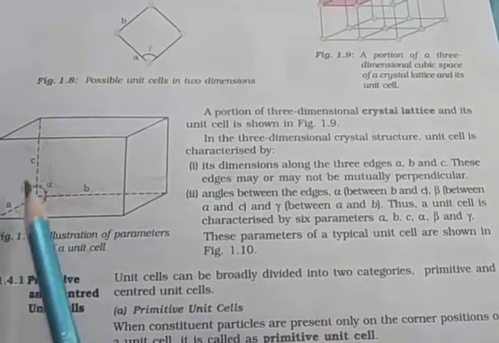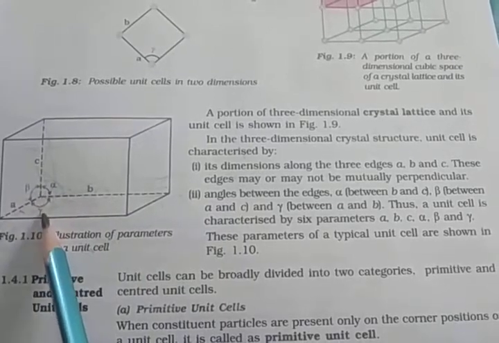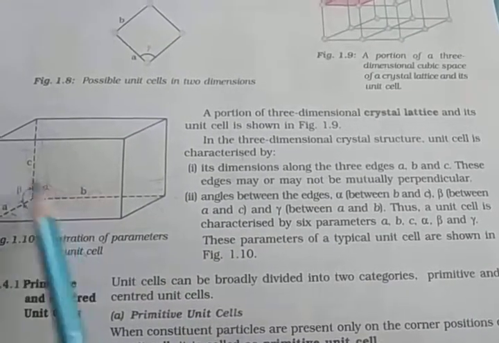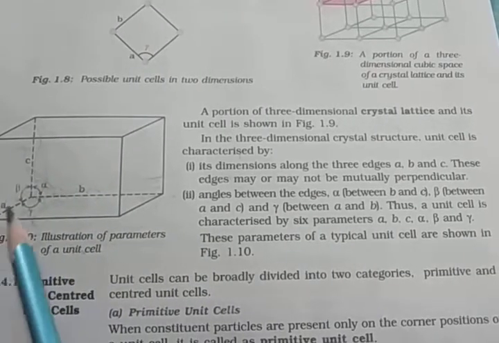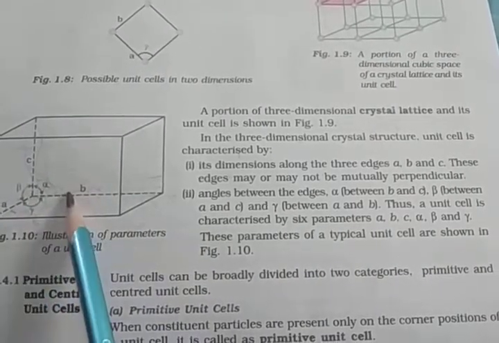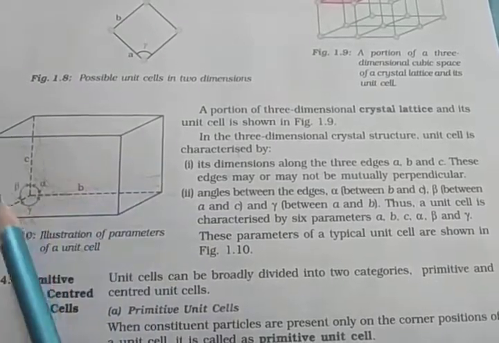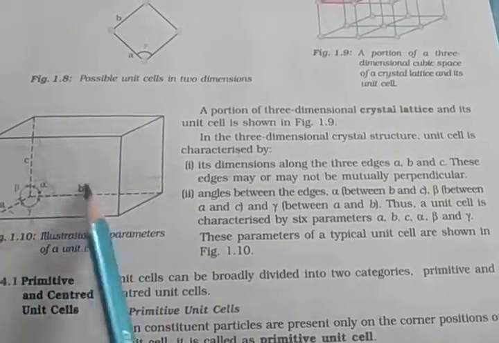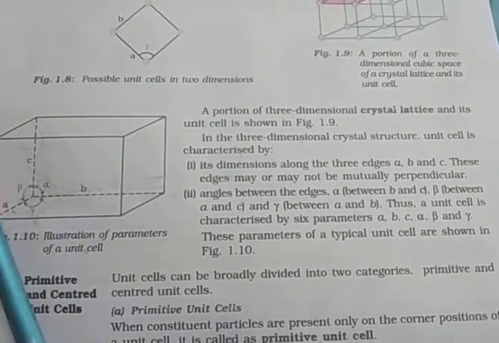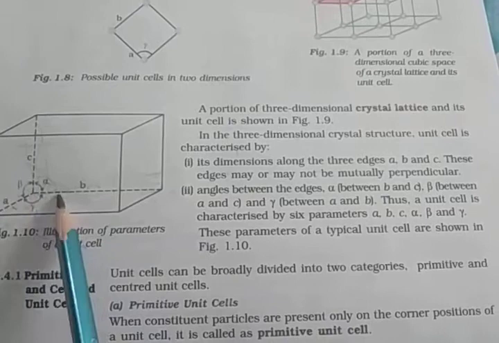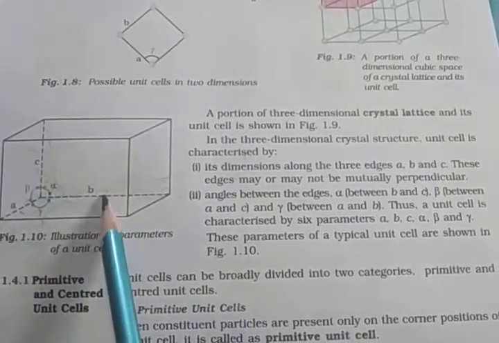Then the angles between the edges: alpha between b and c, beta between a and c, and gamma between a and b. So a unit cell is characterized by 6 parameters: a, b, c, the 3 edges, and alpha, beta and gamma, the edge angles.